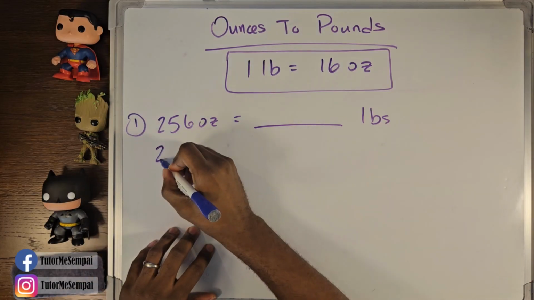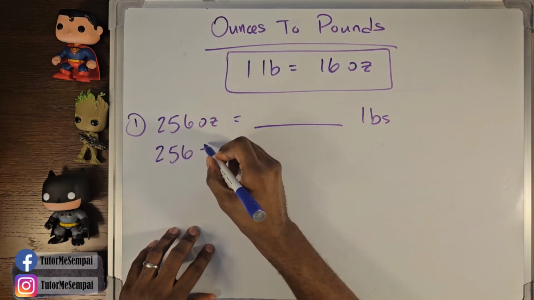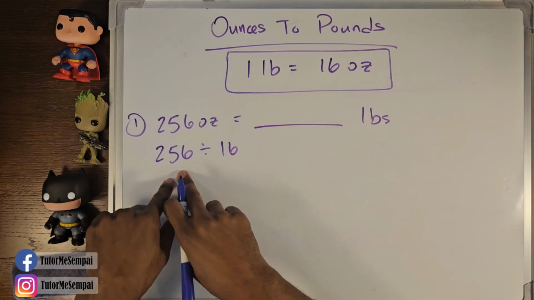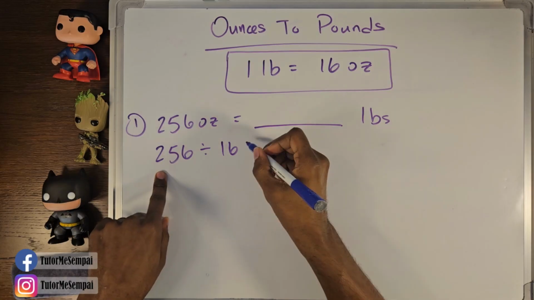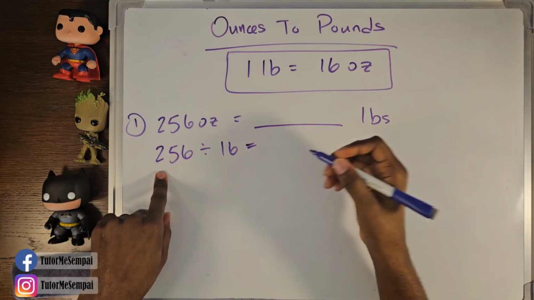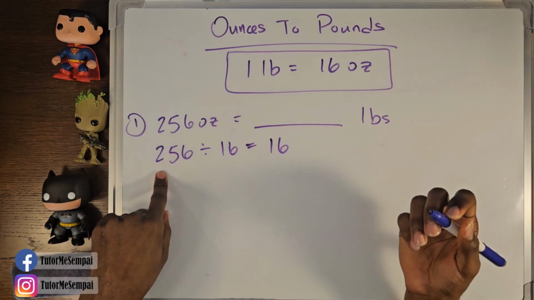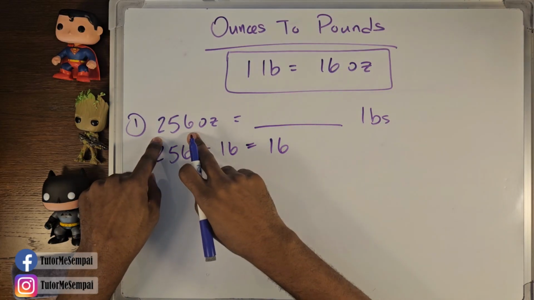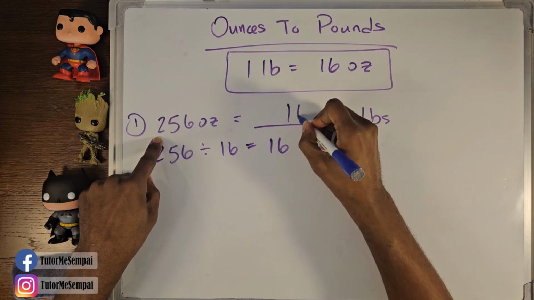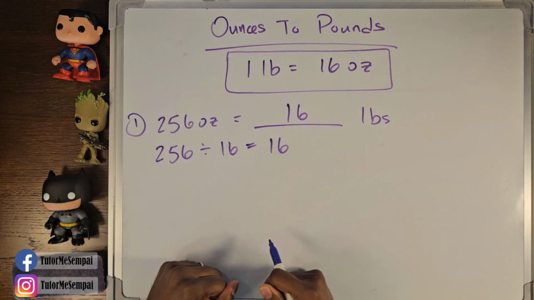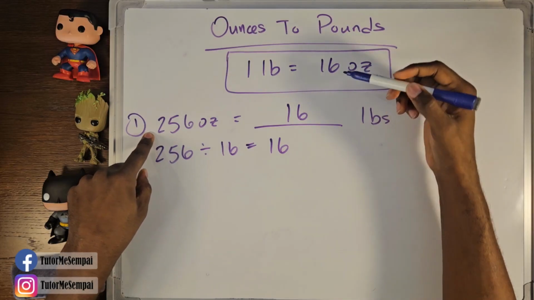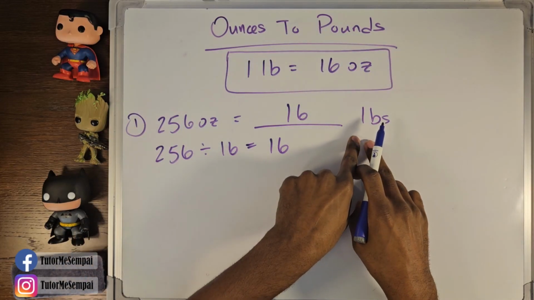So we're going to take 256 divided by 16 so we can figure out how many groups of 16 are in this 256. And when we do this division, we'll find that we have 16 groups of 16. Therefore, when we have 256 ounces, we're going to have 16 pounds. You take your total number of ounces divided by the 16 ounces up here, and that should give you how many pounds you're going to have.